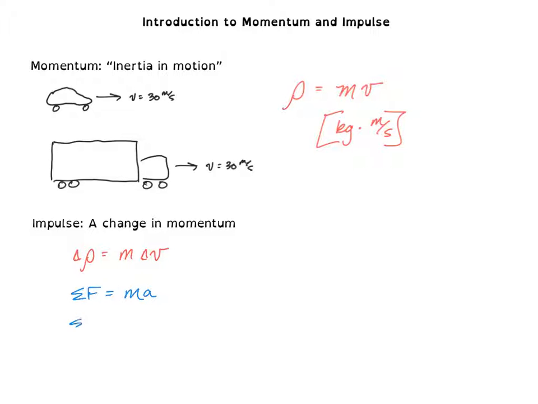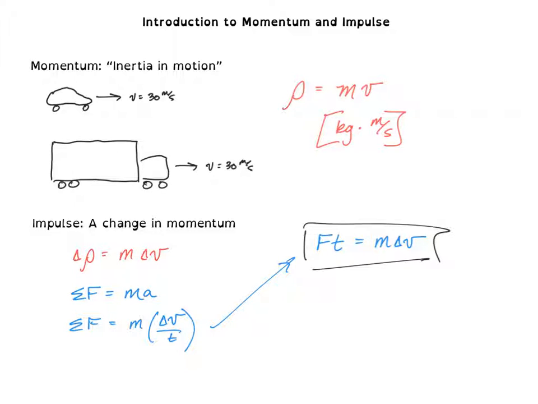So I can rewrite this as net force is equal to mass times a change in velocity over time. Well, now if I want to get that time on the other side of our equation, what I'm going to end up with is force times time is equal to mass times a change in velocity.